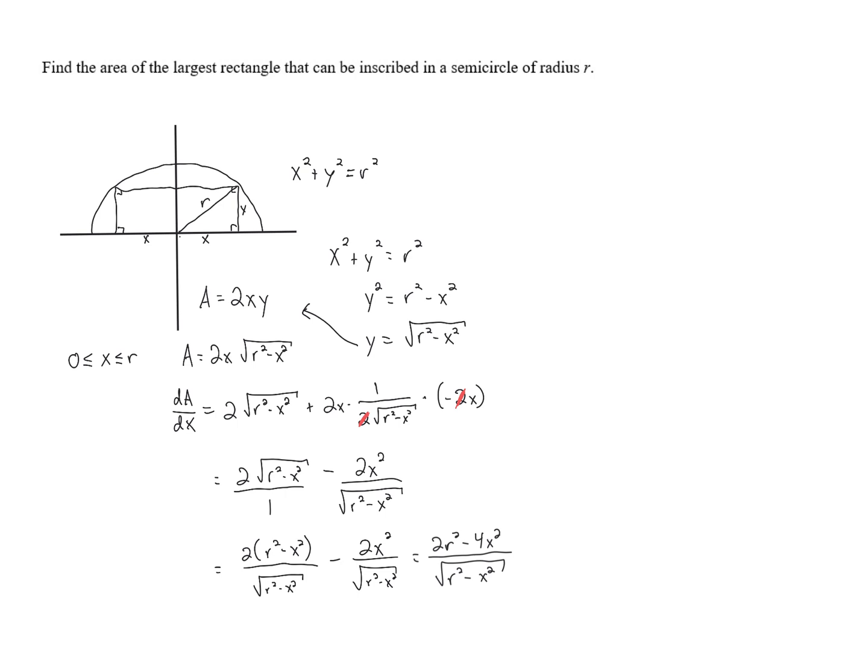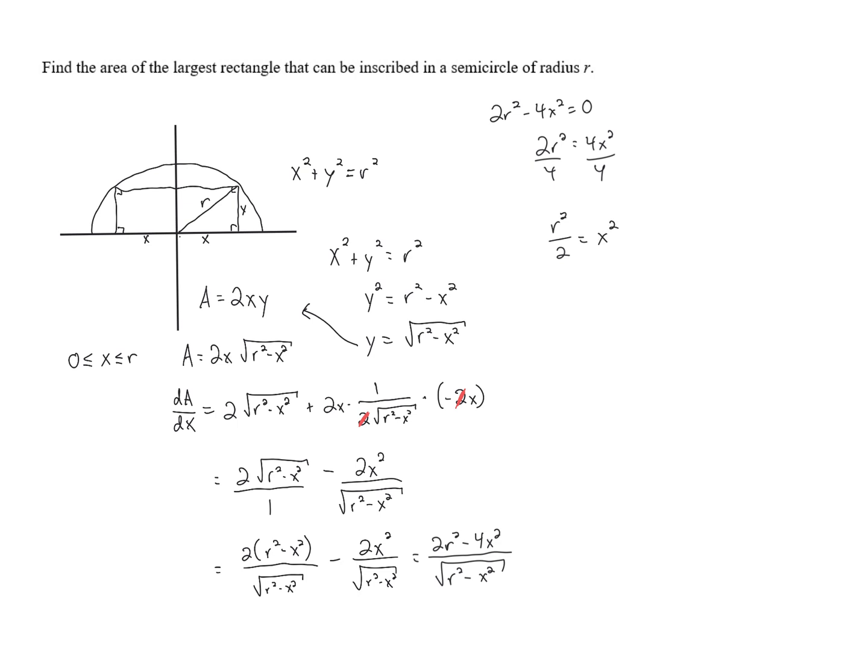So that's going to be 2r squared minus 4x squared equals 0. We can add 4x squared to both sides. We can divide by 4 because we want to figure out what x is in terms of r. So if we divide both sides by 4, that's going to give us r squared over 2 equals x squared.